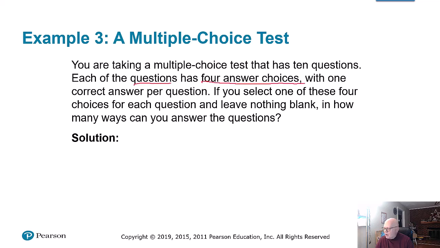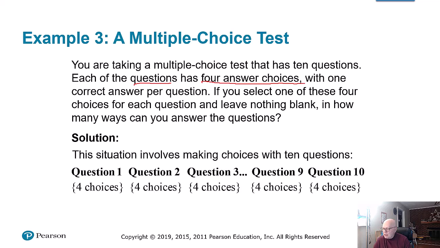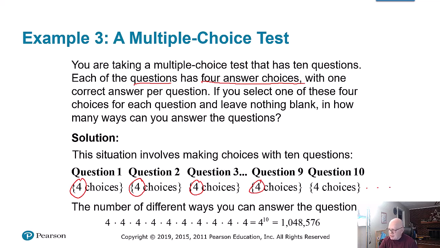Each one of those 4 choices. Multiply those numbers together like this, and gee, I bet you never expected that. Just 10 questions, 4 possible answers in each one, and there are over 1 million different ways you could answer that test if you're just throwing answers out at random. Oh, by the way, that's not a good idea in taking even a multiple choice test.